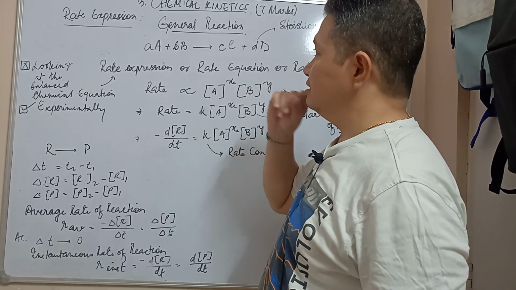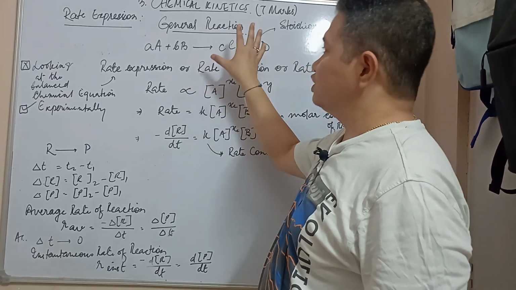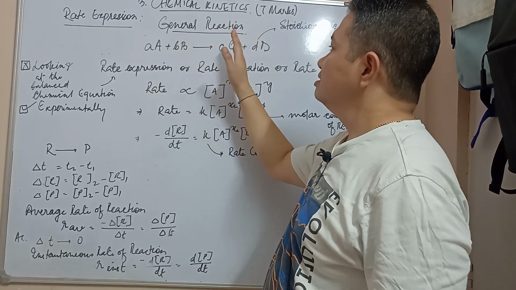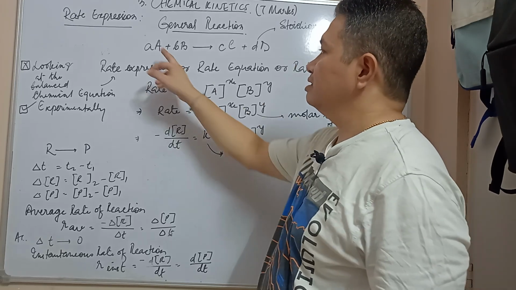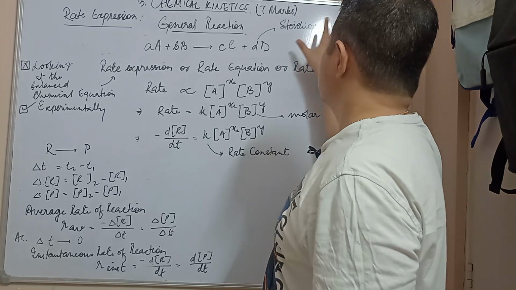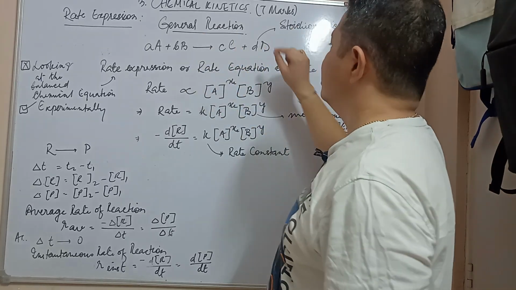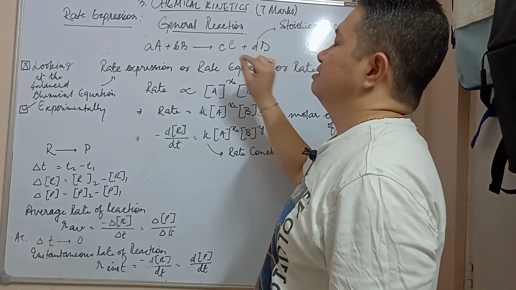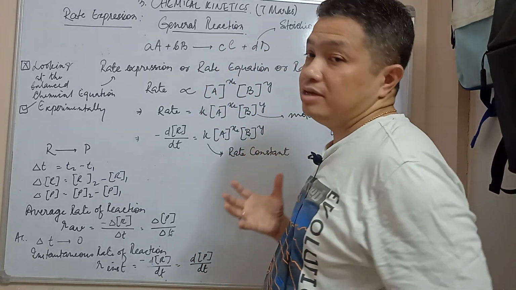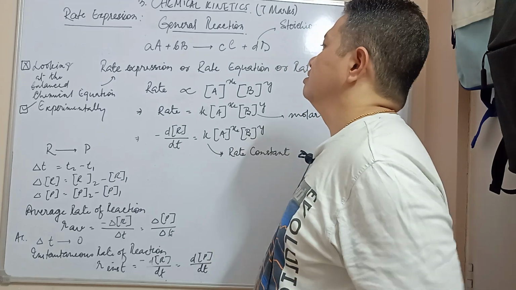That's the general reaction: A and B react, C and D form, and the stoichiometric coefficients balance the reaction.